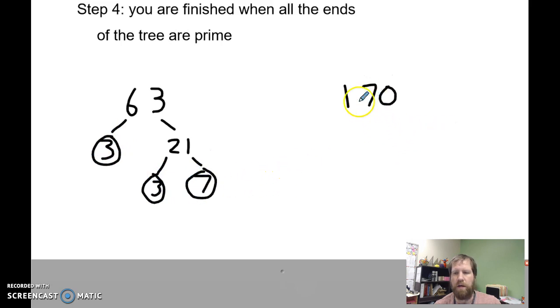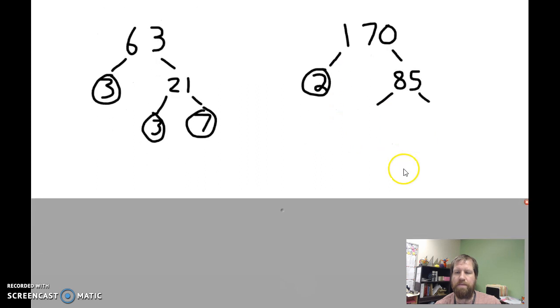Okay. Now on to 170. It is even, so I'm going to pull out my 2. Half of 170 is 85. 2 is prime, 85 is not. So I'm going to break that up.